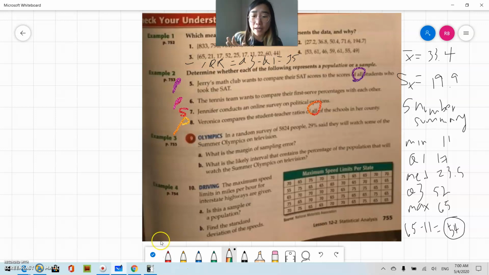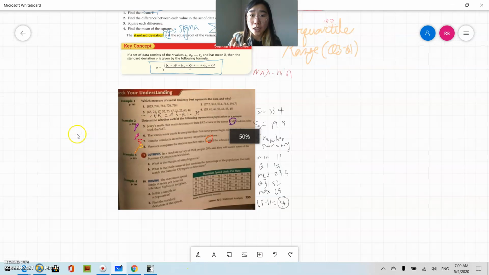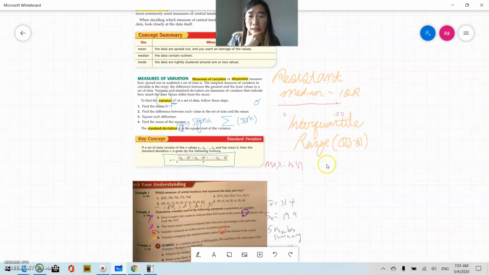And that's it for today. I hope today's lesson was also simple enough. Again, if you know how to use a calculator, you do not have to memorize this formula or do it by hand. You only need to remember that variance is a square of a standard deviation and how to find IQR, how to find range, and when is IQR used, when is standard deviation used.